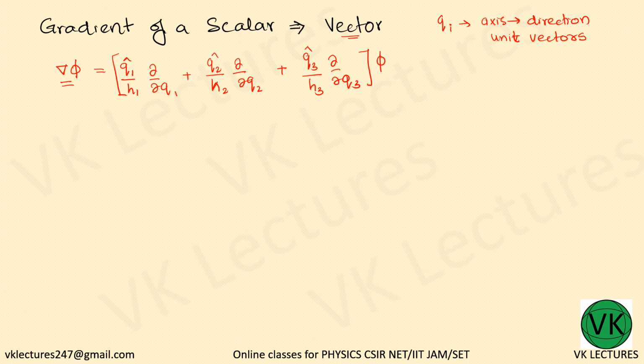For example, q1, q2, q3 can be equal to x cap, y cap, z cap. This is in the three-dimensional Cartesian coordinate system. And for spherical polar and cylindrical coordinate systems, you will have their own unit vectors.